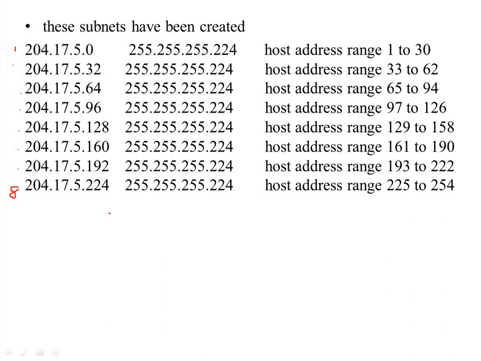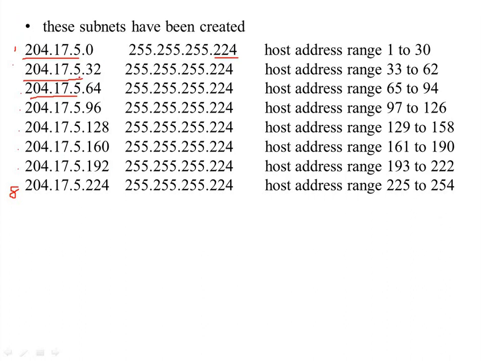So 8 subnets. You can see that these numbers are the same, but here it is changed because of this one. And all these are different subnets in the same network.